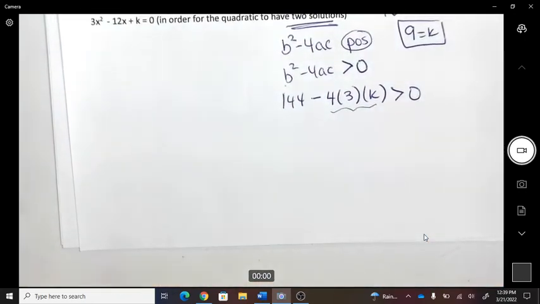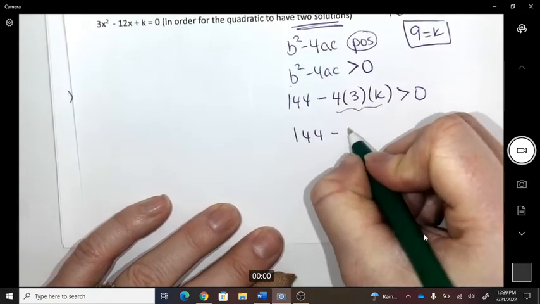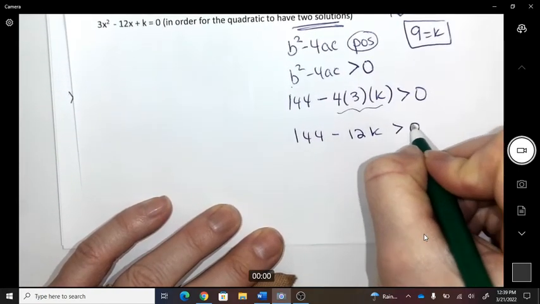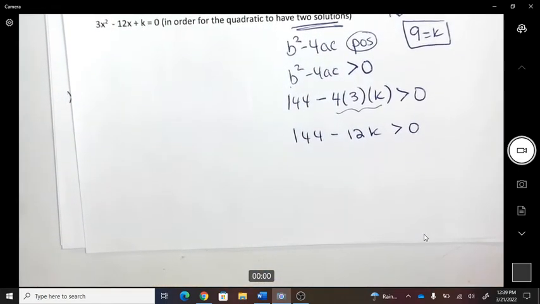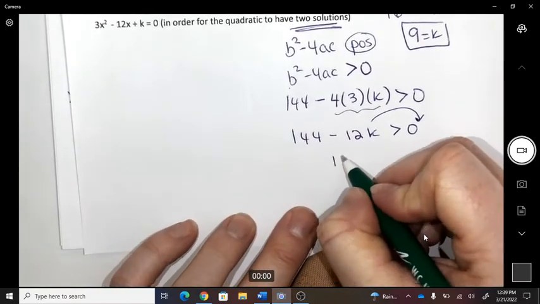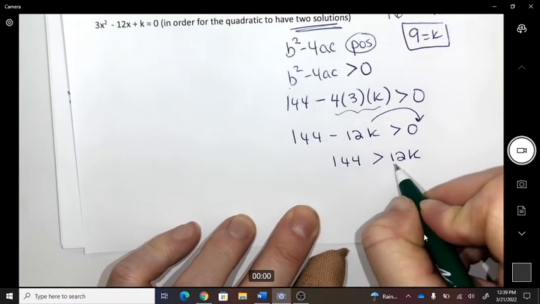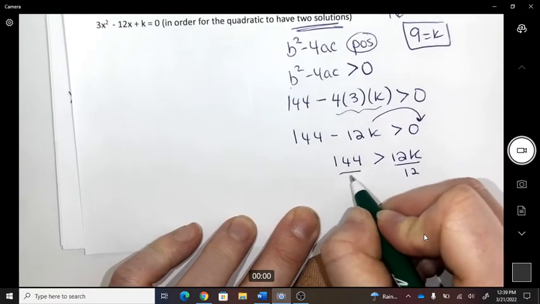I'm going to put that together more nicely, so I could make that a 12k. Okay, I'm going to work the same here. I'm going to move that. So 144 is greater than 12k. Divide.